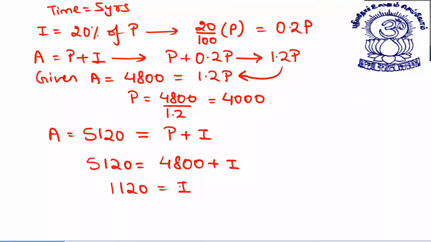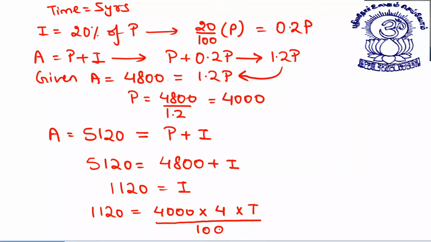And what is the value of interest, dear students? 1120 is equal to principal into rate into time by 100. Time we need to calculate. The principal is 4000. The rate is given to us as 4%. Time we need to calculate, divided by 100.